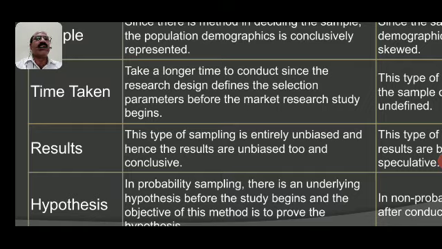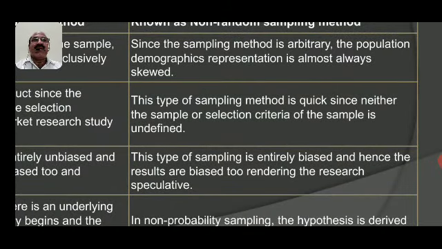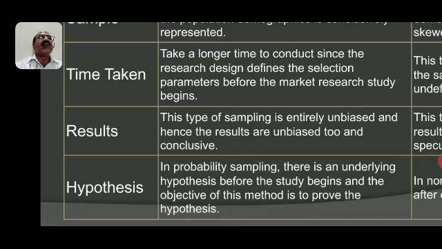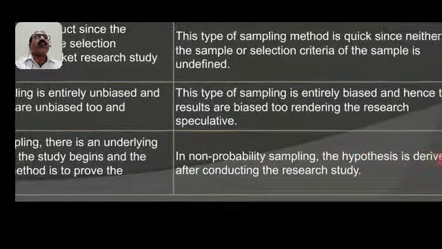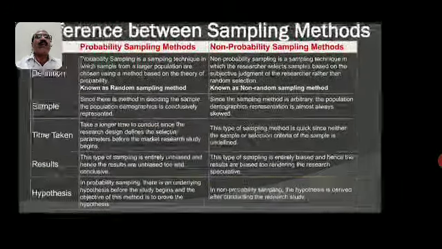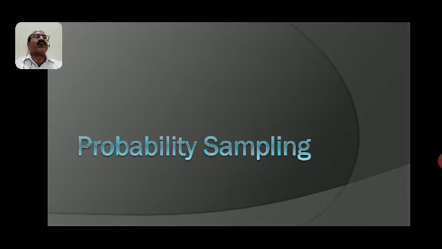It is unbiased. But in non-probability, you cannot guarantee that there is no bias. There is some speculation. Hypothesis: in probability sampling, there is an underlying hypothesis before the study, based on certain principles. In non-probability sampling, the hypothesis is derived after conducting the research, because you have something in your mind to collect the sample. Thereby you can alter it, you can add later on.